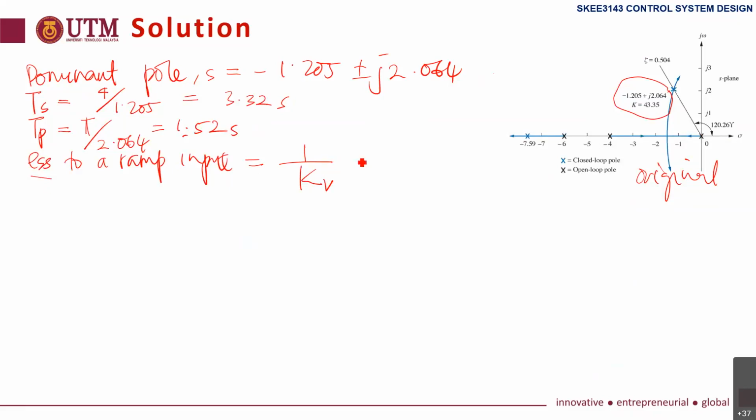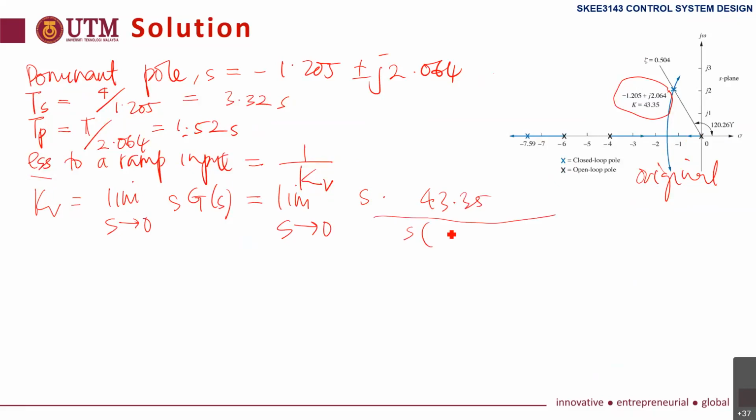And the formula for Kv is the limit as s goes to 0 of s G(s). Our G(s) is K, 43.35, divided by s times (s plus 4)(s plus 6).